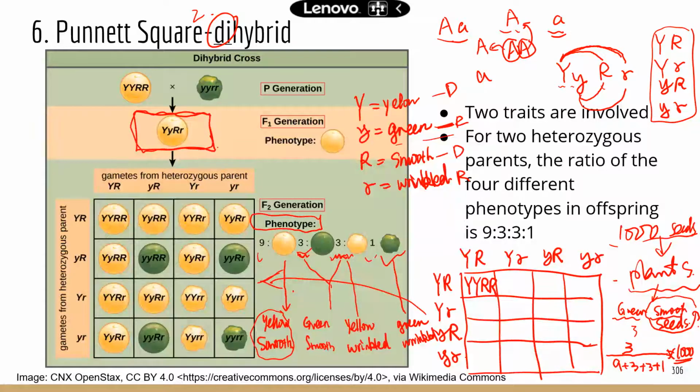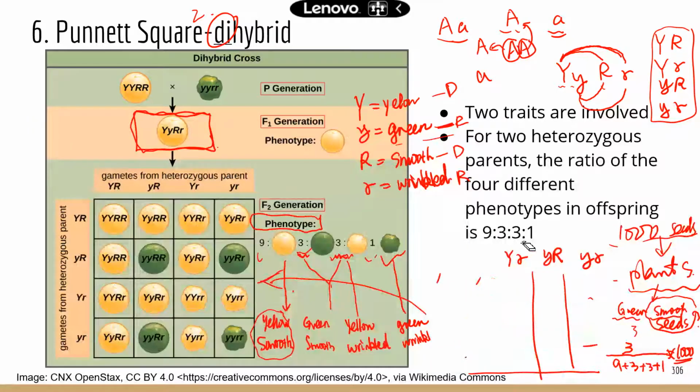That will give you the number of plants within the 1,000 plants that will have smooth and green seeds. If you understand this really well, move on. If you don't, let me find more room and I can kind of repeat what I just said, because I didn't have a lot of space to write this out.